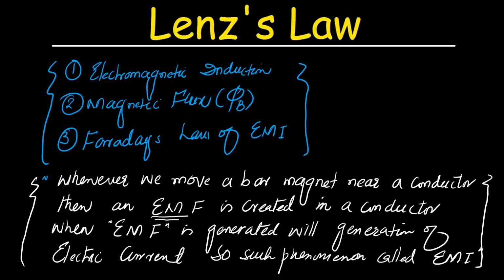You know that the electromotive force is a voltage, and the generation of electromotive force will result in an induction of an electric current. Such a phenomenon, in which the motion of a magnet causes generation of induced electric current, is known as electromagnetic induction.